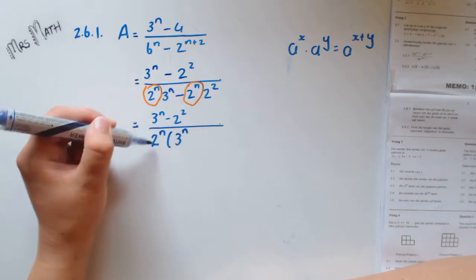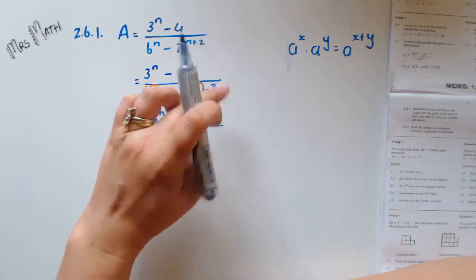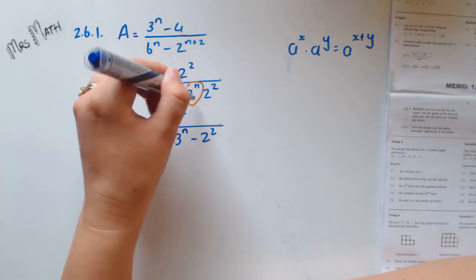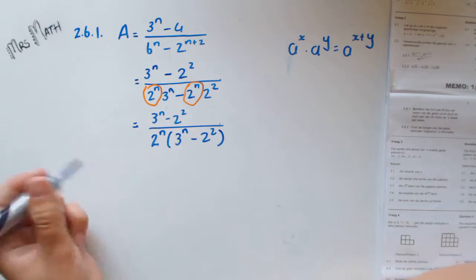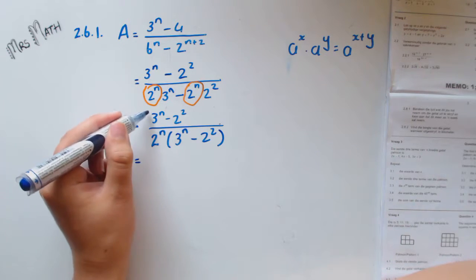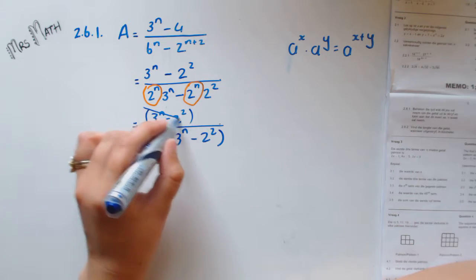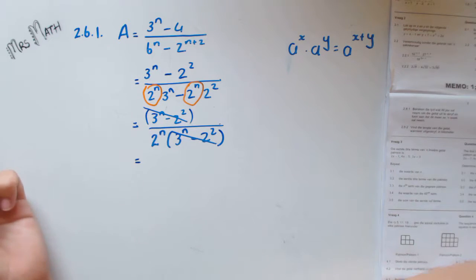And if I take this one out, in this term it's just that one that's left if I take this out. And then, can you see, if I just put brackets around this and this is the same, so I can take out the whole thing.